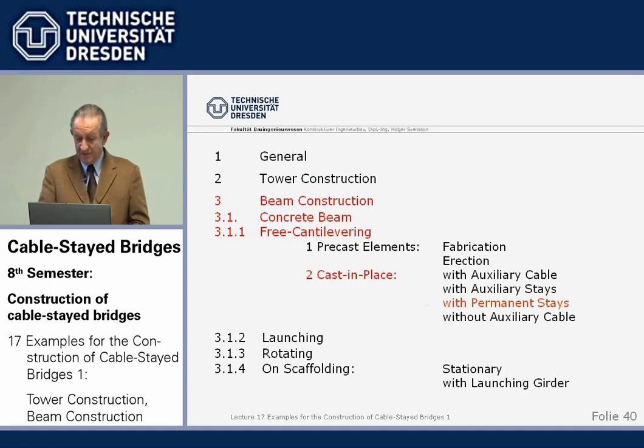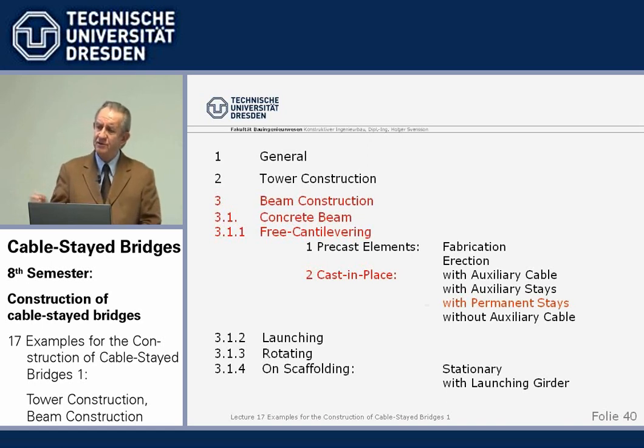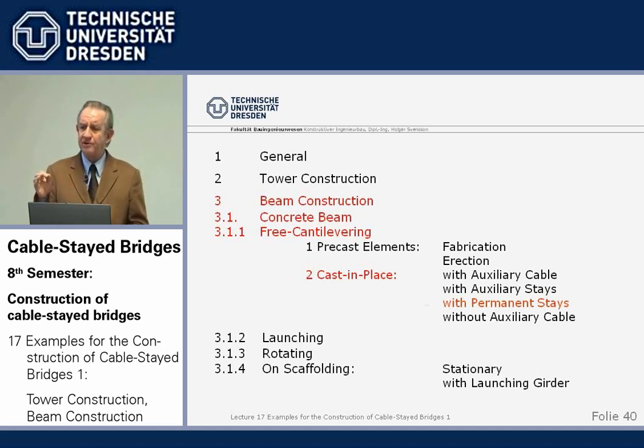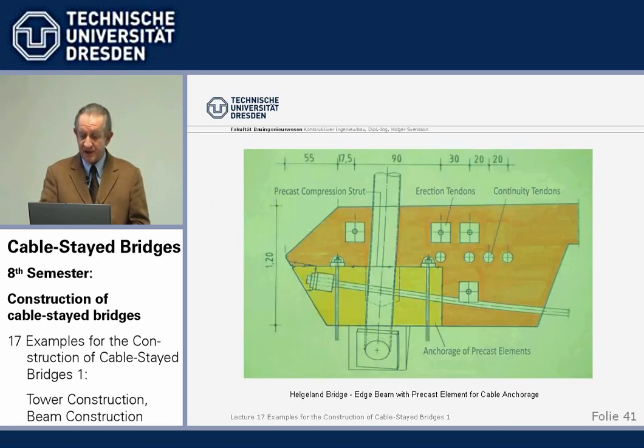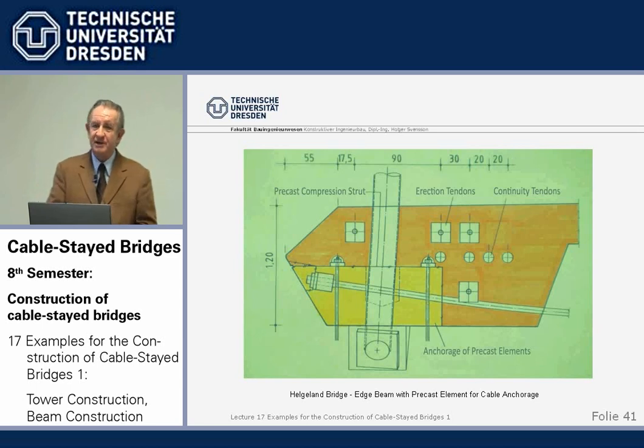Now, we then always tried to find a way to use the permanent stays in their permanent location, also already to support the erection traveler during construction. And with the Helgeland Bridge, we were the first time successful after a little thinking. So what we did is we said, okay, we use precast elements into which we anchor the permanent stay cables.